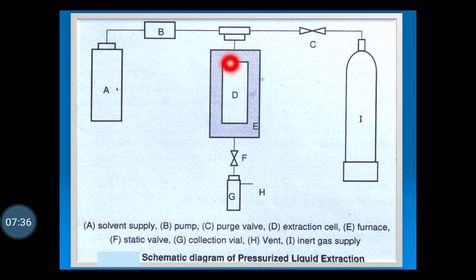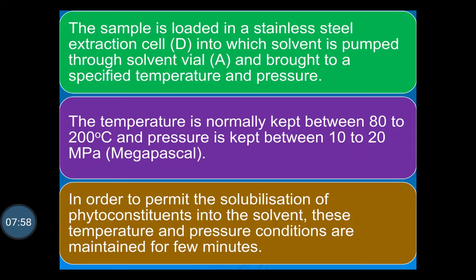Here the solvent will enter. The temperature can be increased by this furnace or oven. So at higher temperature and higher pressure, efficient extraction of the phytoconstituents from the crude drug will take place, and after extraction the extract will get collected into the G vial.